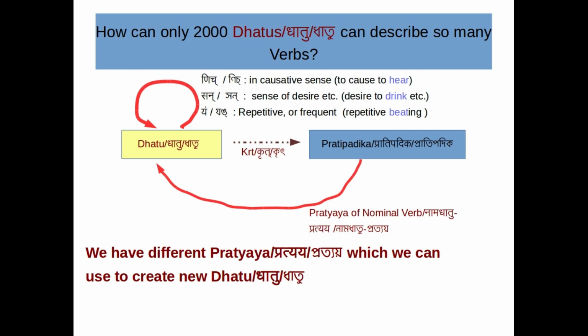depicts the sense of desire. That means, for example, desire to drink. Drink is a separate dhatu, but if we apply san pratyaya on it, we get a new dhatu which means desire to drink. Similarly, we have yang pratyaya, which means repetitive action. For example, repetitive beating, repetition or frequently doing something.